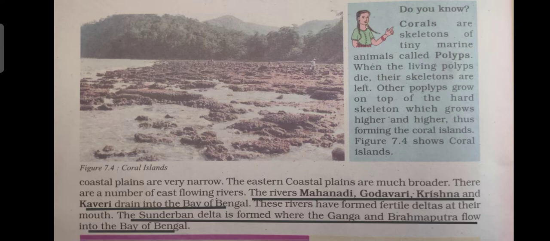So the coastal plain on the west side is known as the western coastal plain, and the plains on the east side are known as the eastern coastal plain. Now the western coastal plain, children, is very narrow. So the western coastal plains are very narrow, whereas the eastern coastal plains are much broader.